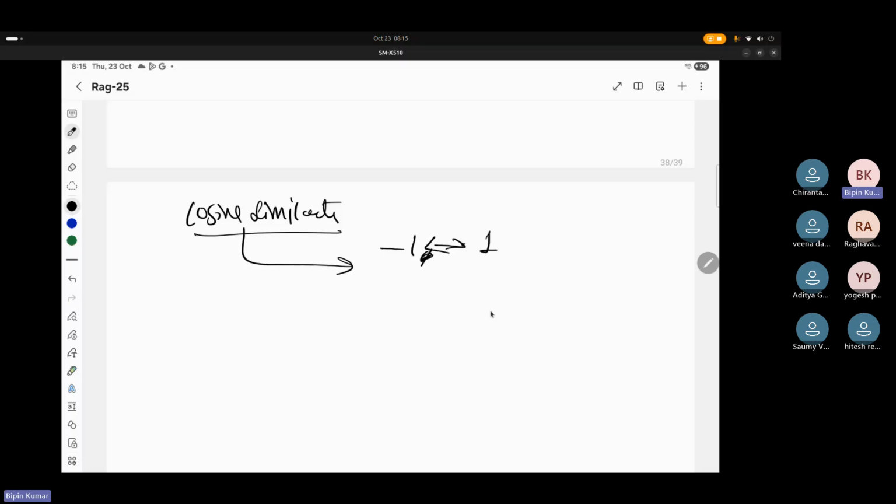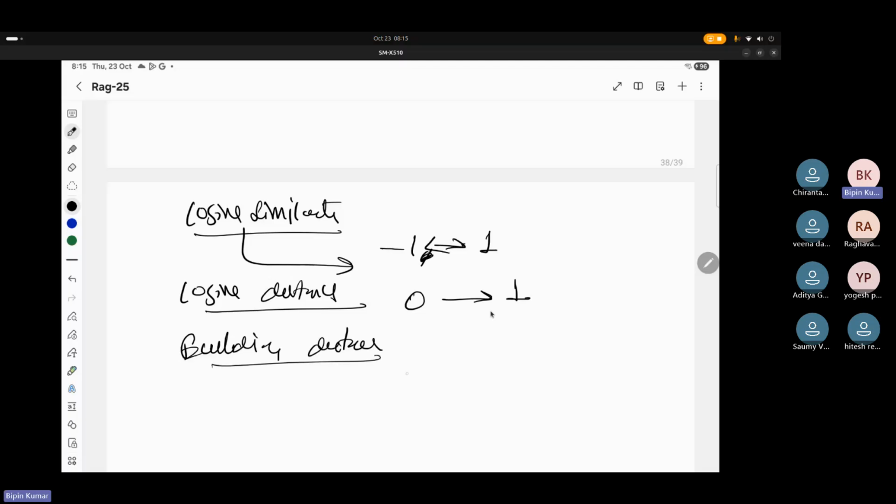This value varies from -1 to 1. Cosine distance varies from 0 to 1. The third one is Euclidean distance, and this value varies from 0 to infinity.